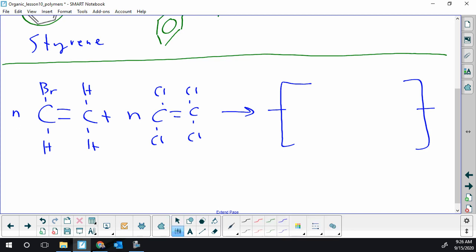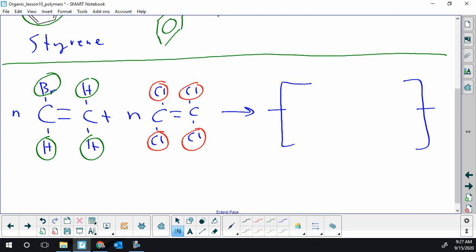The first piece is going to be Br, H, H, H, and the second will be all Cl. So now we have 2 carbons from the first unit followed by 2 carbons in the second unit.